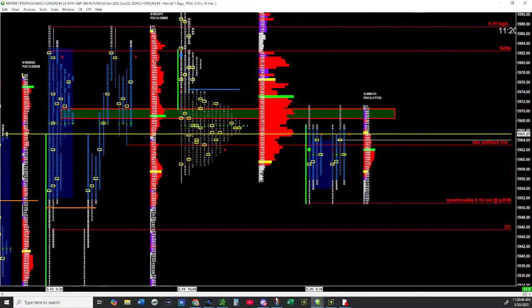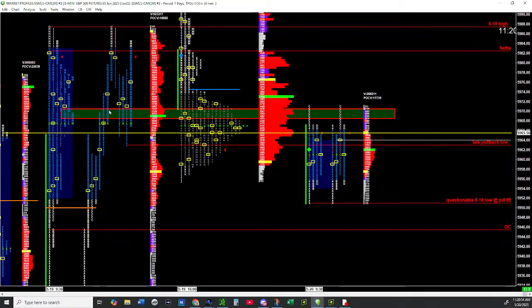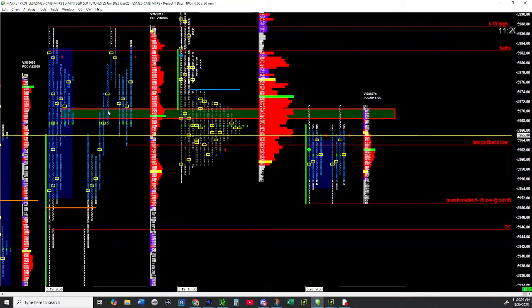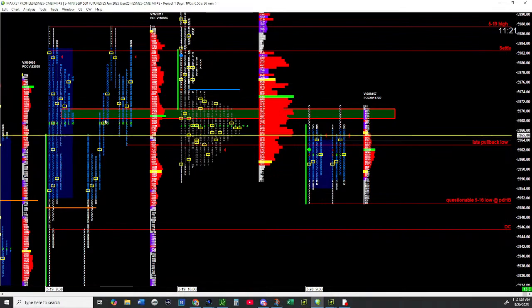Now, this highlighted area here, I got that highlighted from G here. It was actually F and G from yesterday, where there was significant trading back and forth or heavy trading in these areas here.